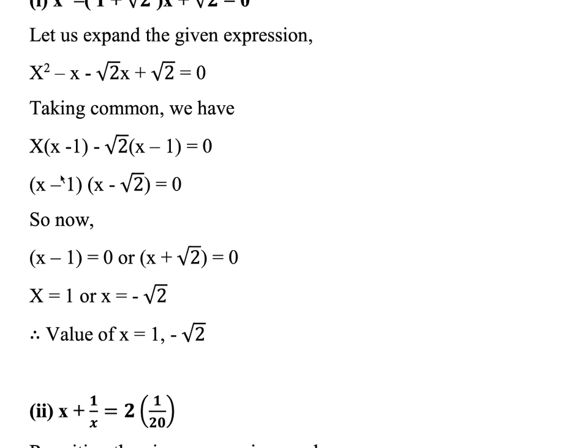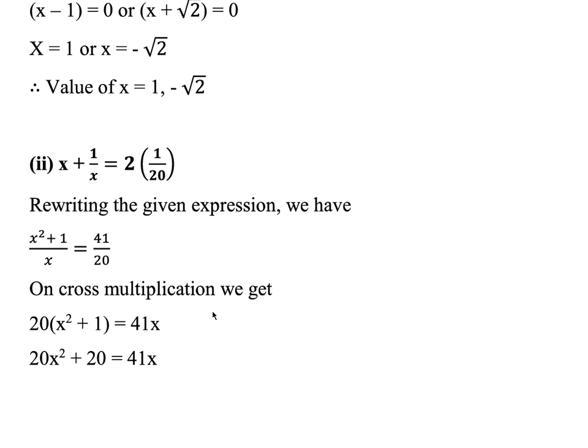If the first term is 0, x minus 1 is equal to 0, you will get the value of x as 1, and if the second part is equal to 0, the value of x will be root 2. So here x minus root 2 is equal to 0, so the value of x should be plus root 2, not minus root 2.